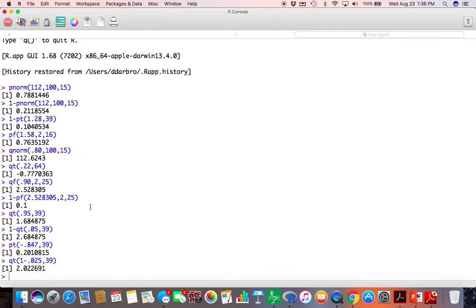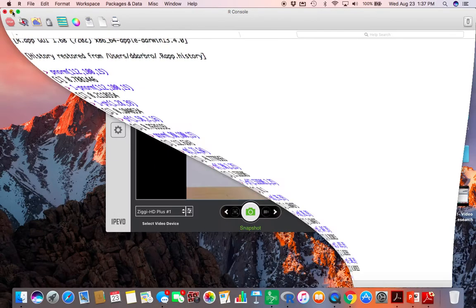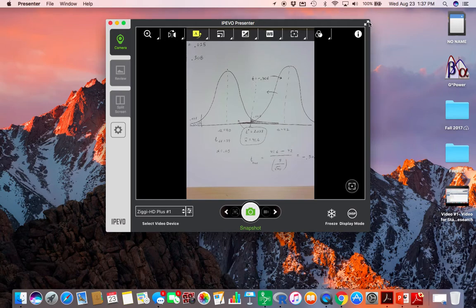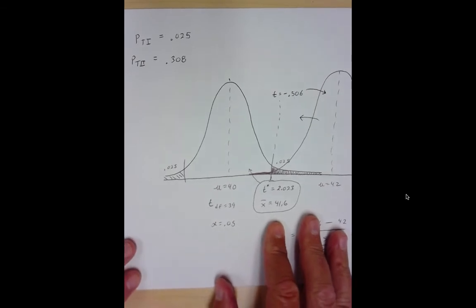Well, all right. So we need PT, area to the left, negative 0.506, degrees of freedom 39. So our probability of a type 2 error is 0.308, which I've done up here.